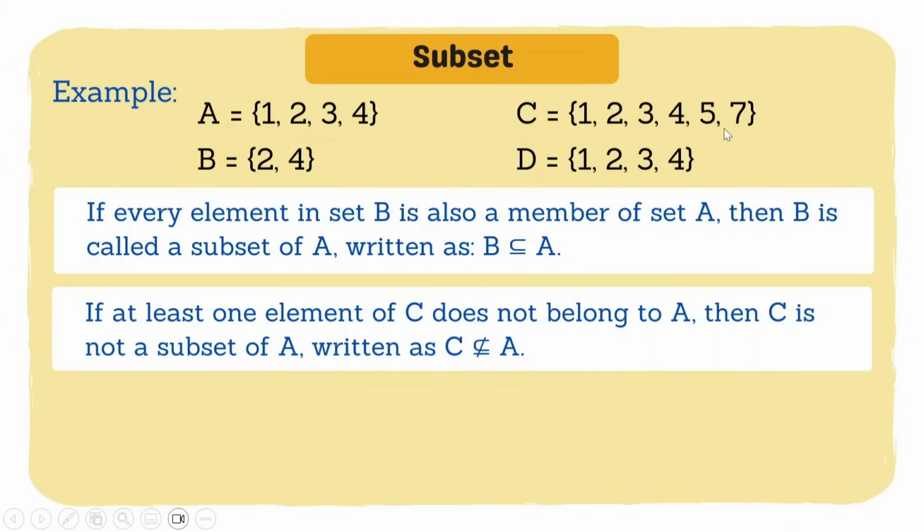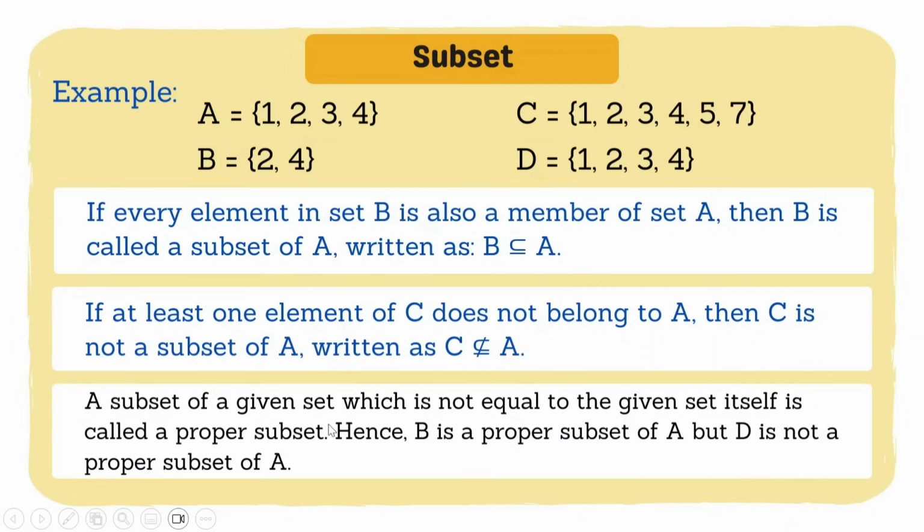Meron bang elements ni C na wala sa elements ni A? Meron po. So we have 5 and 7. They do not belong to set A. Therefore, set C is not a subset of set A. Kaya ganito po yung pagkakasulat. Okay, meron pong cross out dito. Okay, kaya yun po yung difference ng subset and not a subset.